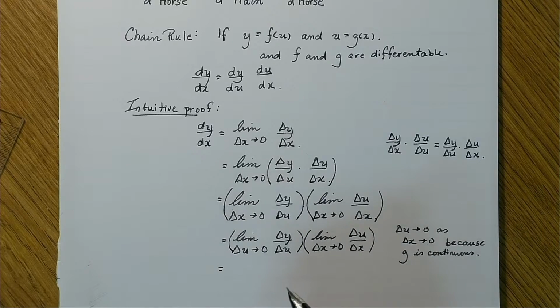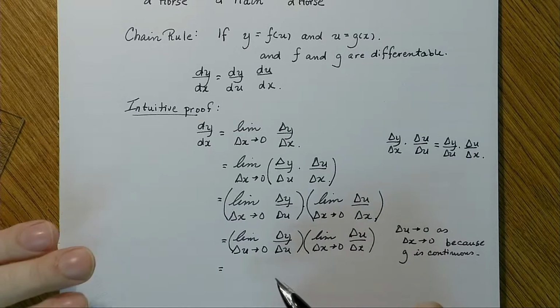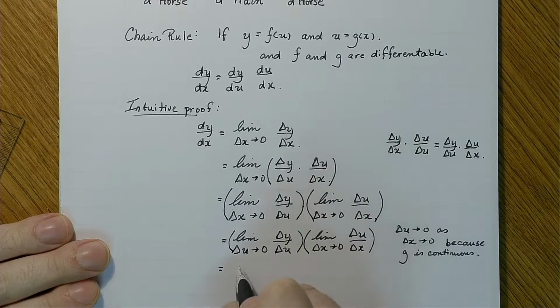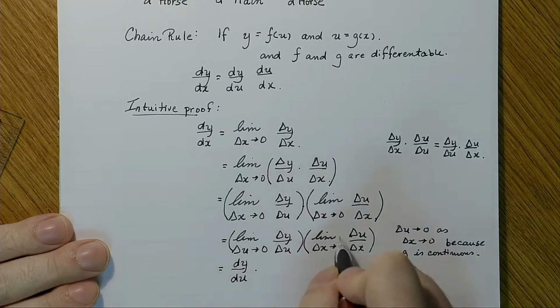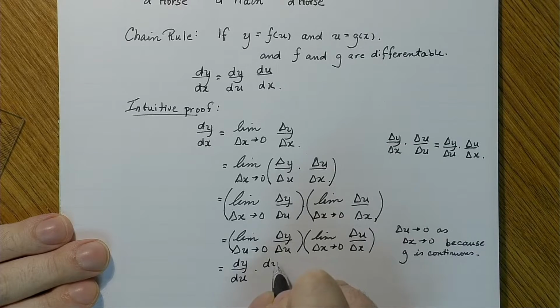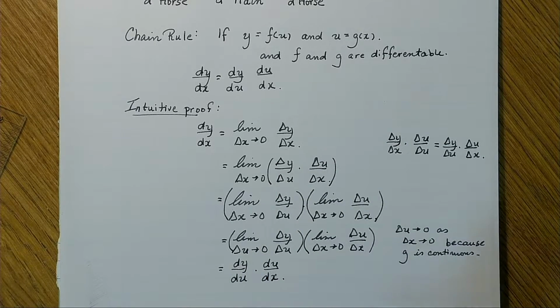Then, well, this is the definition of the derivative of dy by du times the derivative of u by dx. So that's kind of the intuitive proof. There are some technical details that need to be ironed out, and that's where we get into a second or third year calculus course.